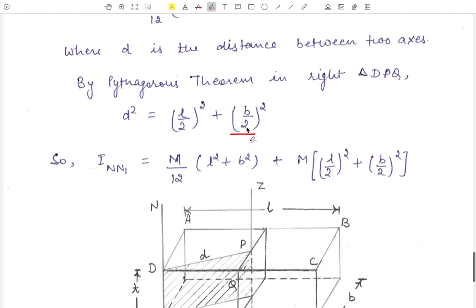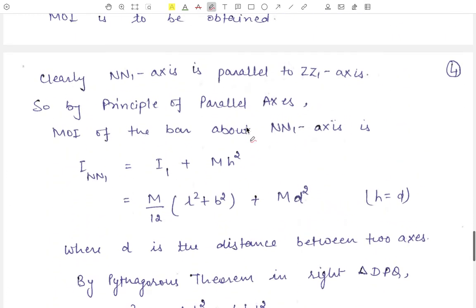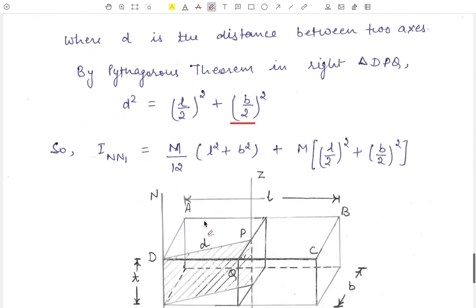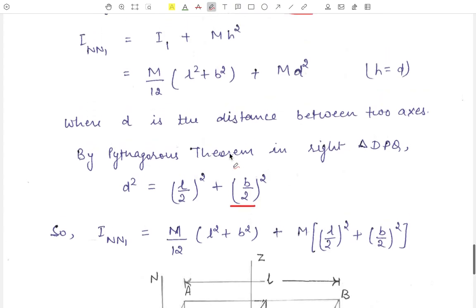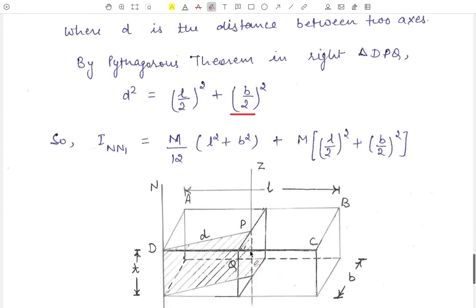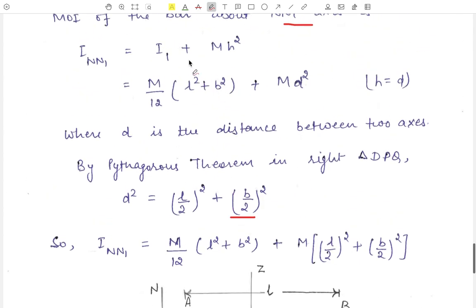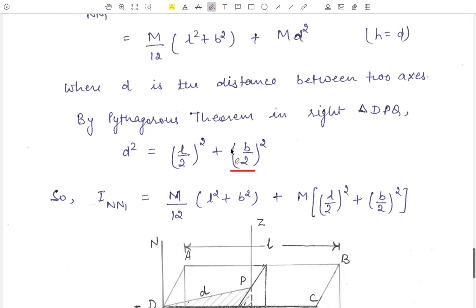Therefore, using the principle of parallel axes, the moment of inertia of the bar about the n1 axis will be equal to the moment of inertia of the bar about the z1 axis, that is I1, that we have calculated in the previous case, plus m h square, where h is equal to d. Therefore, we get m upon 12 L square plus b square plus m d square.